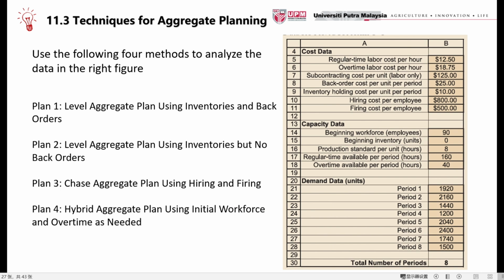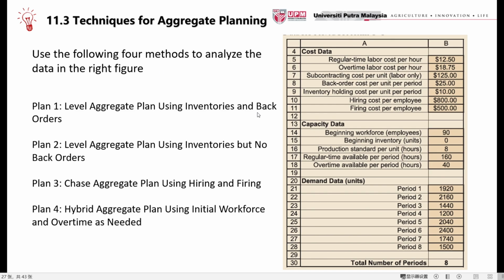And here we will give you an example to help you understand the trial and error technique. In this chart, we can see the cost data, the capacity data, and the demand data.